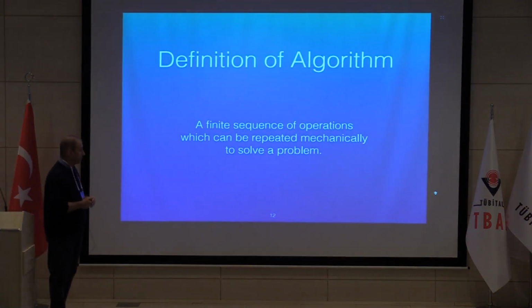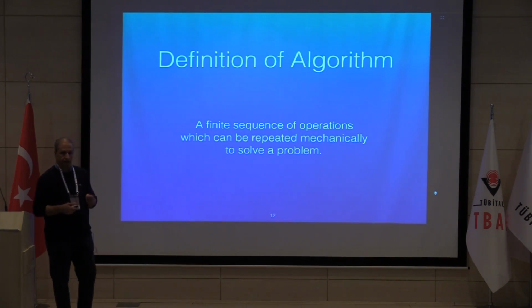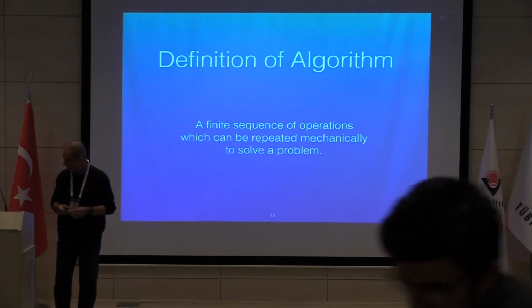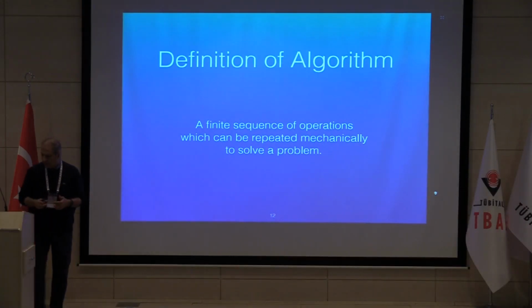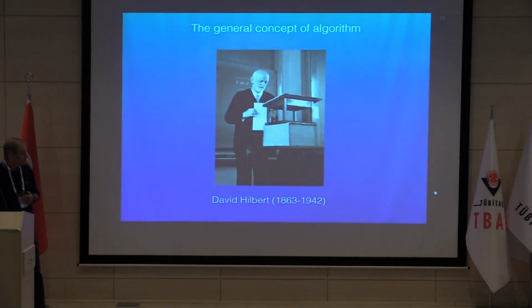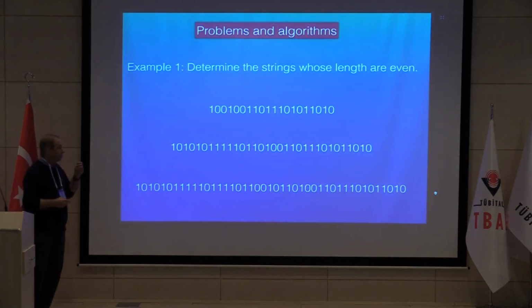So this is the definition: a finite sequence of operations which can be repeated mechanically to solve a problem. Let's try to formulate a couple of simple algorithms to see what Hilbert means. Some examples.